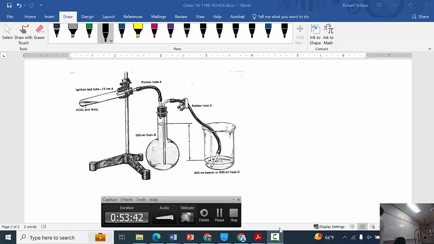Since the air was already in here and we already compensated for it, that's just the oxygen that displaced this, because the volume of air is already here, and any additional volume will push the water out into the beaker over here. So this is the volume of oxygen gas we generated, but the oxygen gas is not pure. Since the oxygen was bubbled through water, it's been saturated with water vapor, so we call it wet oxygen.